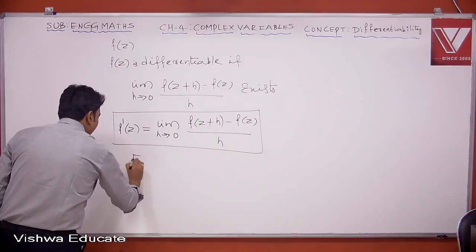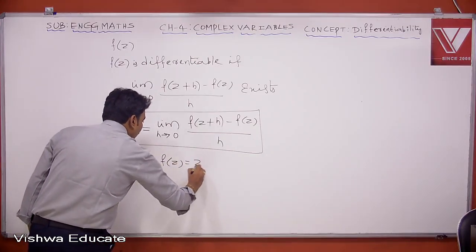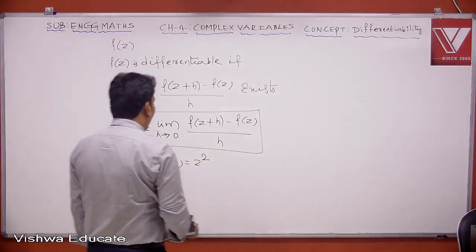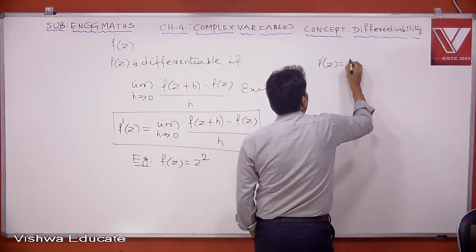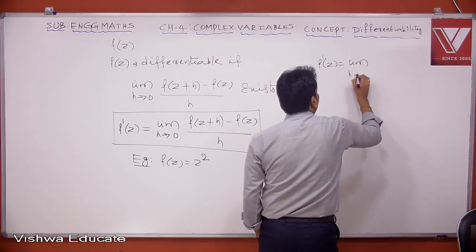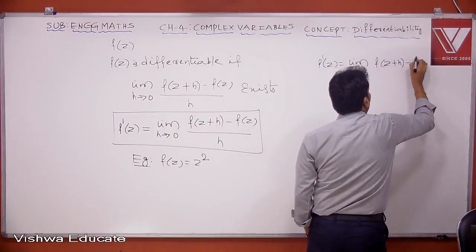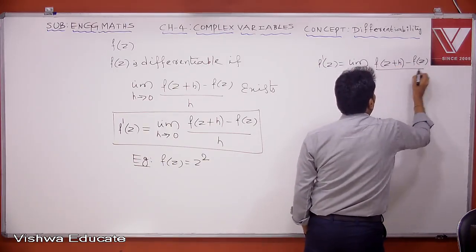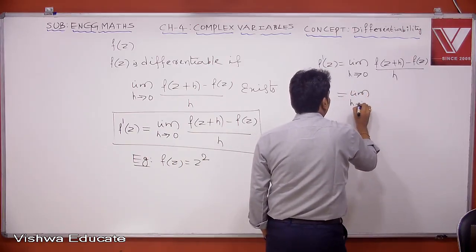Let us take an example. Suppose f of z equal to z square. Now what is this f dash of z? This f dash of z equal to limit h tends to 0, f of z plus h minus f of z divided by h. Therefore, this is limit h tends to 0.